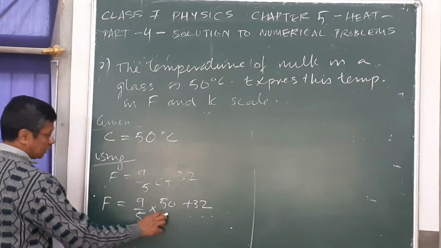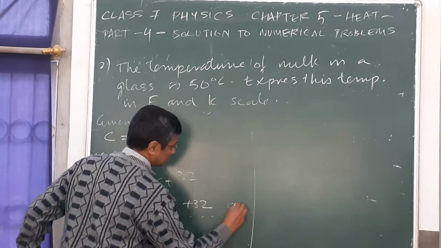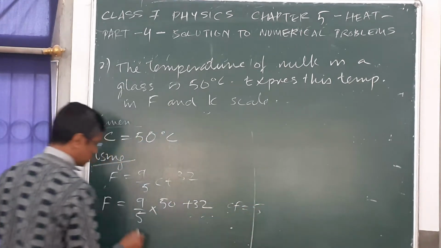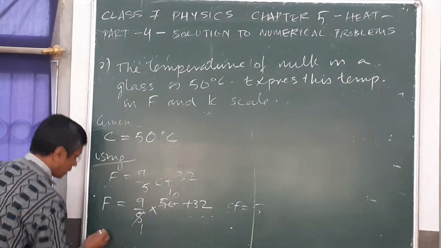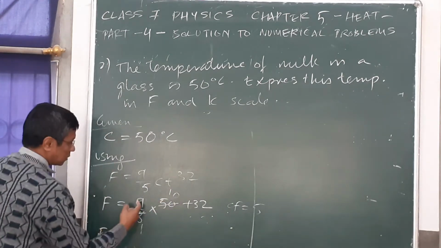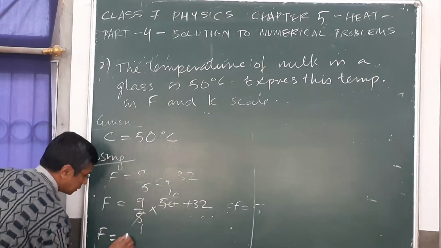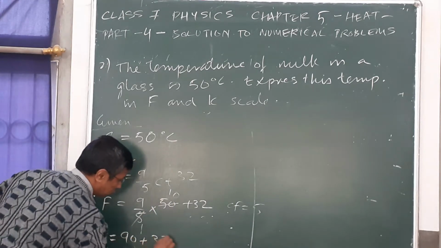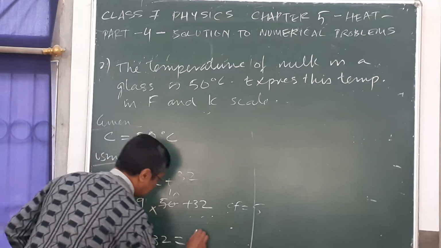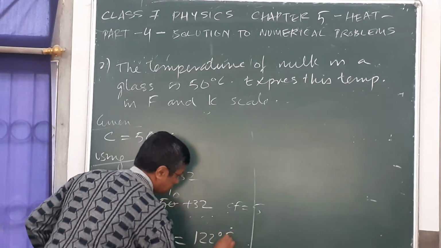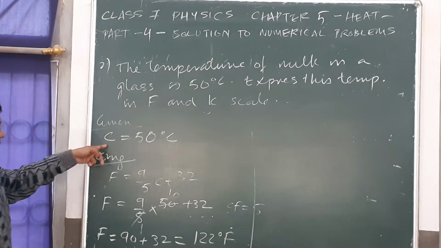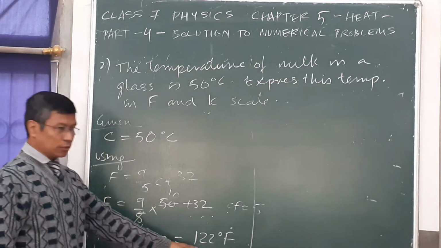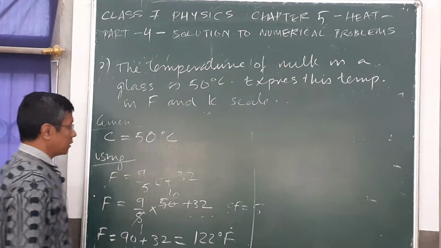As you can see, 5 and 50, they have a common factor of 5. So, we will reduce that. 5 ones are 5 and 5 tens are 50. So, that gives us 9 into 10 is 90 plus 32, which will give us 122 degrees Fahrenheit. So, using the formula, we converted Celsius scale into Fahrenheit scale, which gives us 122 degrees Fahrenheit.